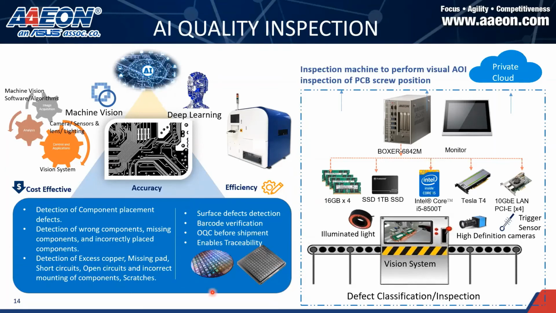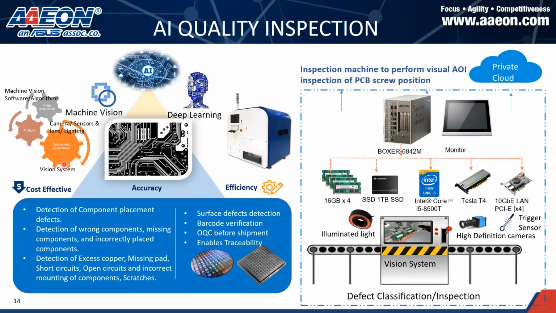Is it in sync with the wafer? If it's in sync, then you can go for shipment. If not, then they will make some arrangement. So basically the function is an OQC before shipment. That's why I put semiconductor equipment right here. This is how our customers use it.